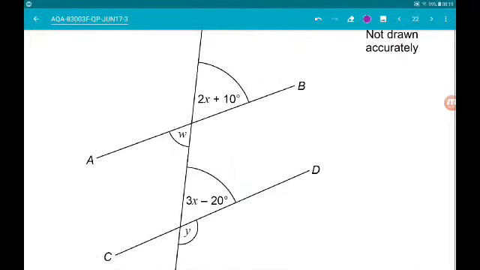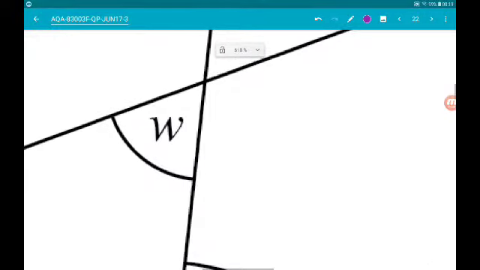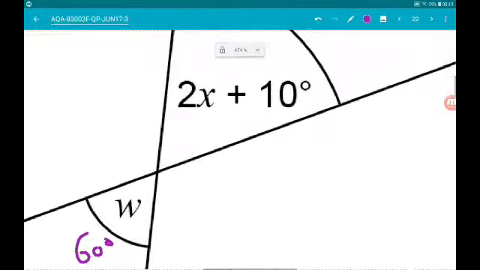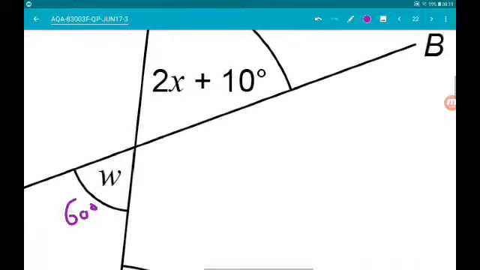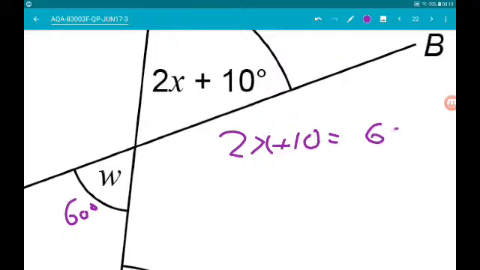Okay, so this time then, we know that W is 60 degrees. Now W and 2x add 10 are opposite angles. Opposite angles are equal. So we can say that 2x add 10 is equal to 60.